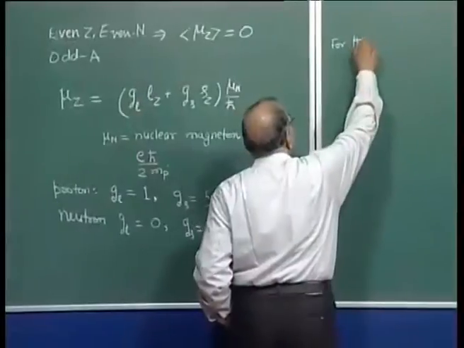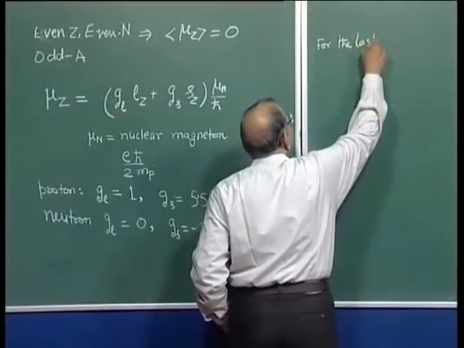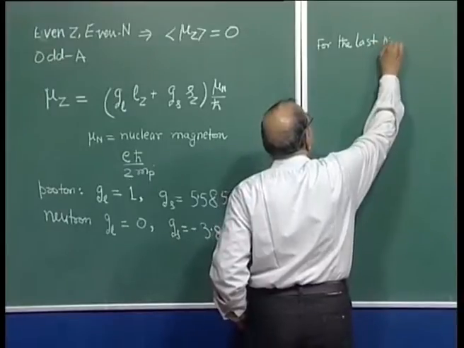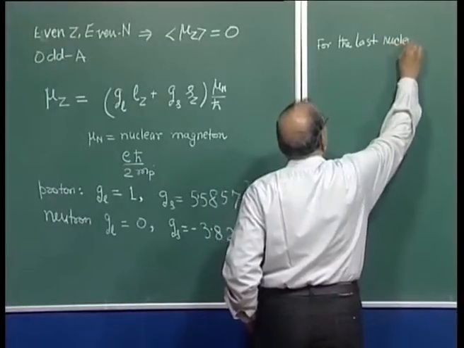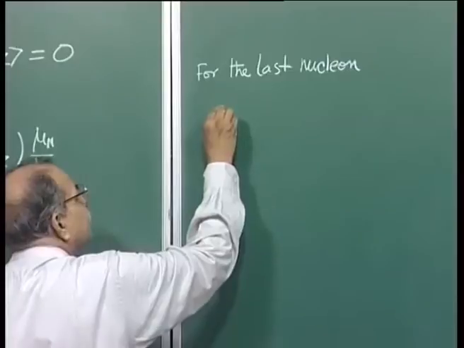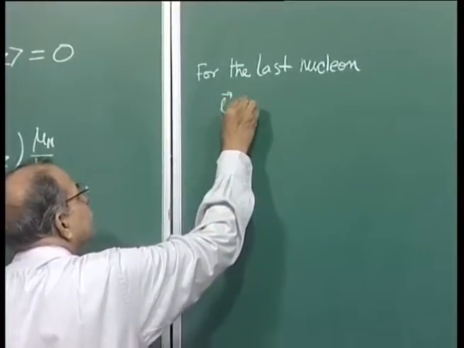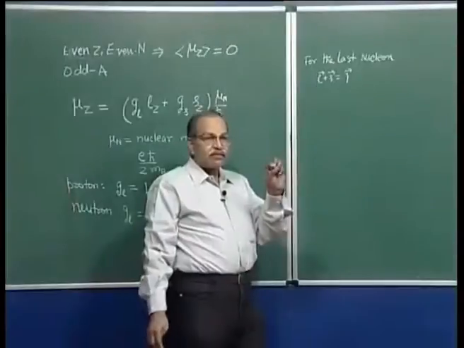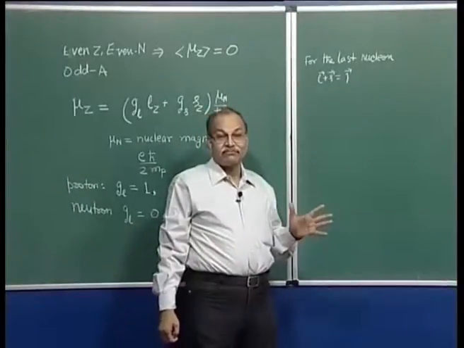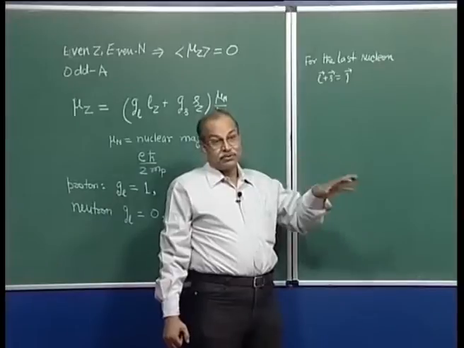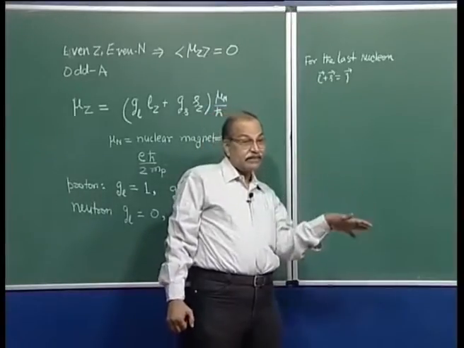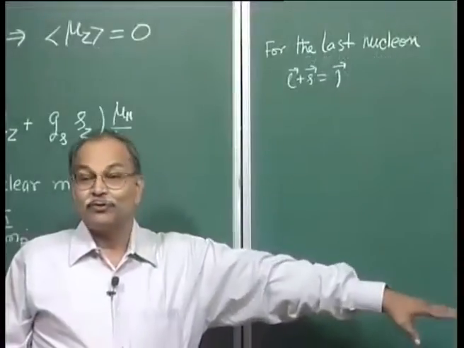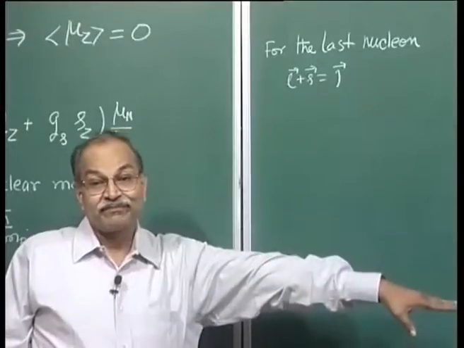Actually for each nucleon, not just the last one, L and S combine to J, because that L dot S interaction is very strong. You substitute that L dot S term in the Hamiltonian, only then you get those magic numbers, remember.